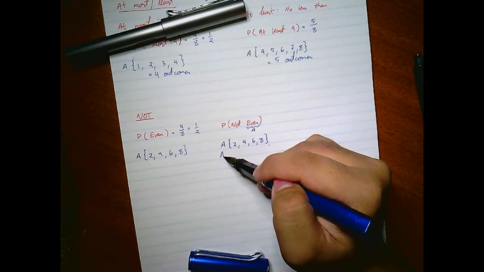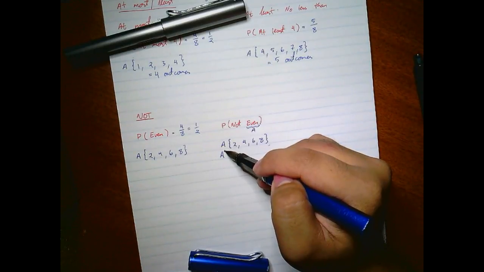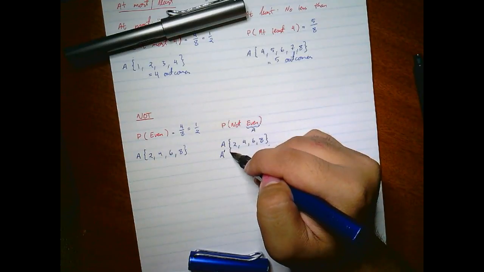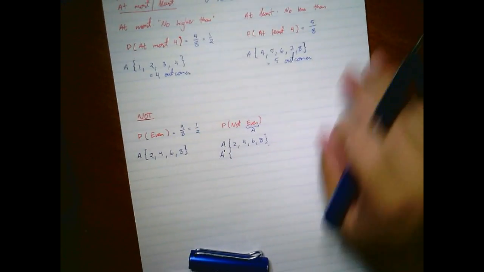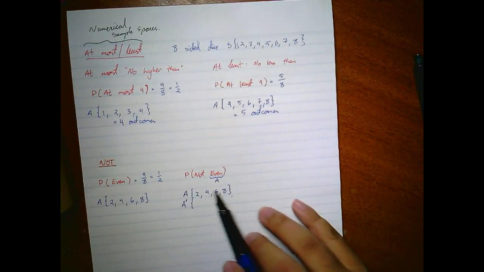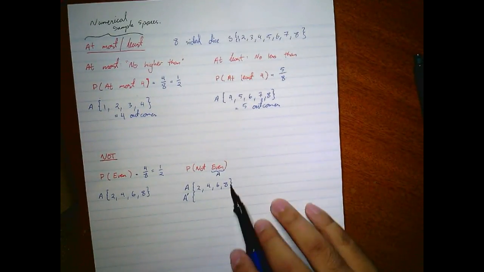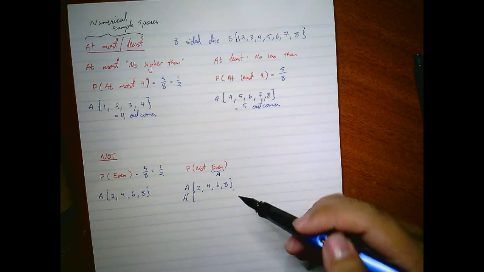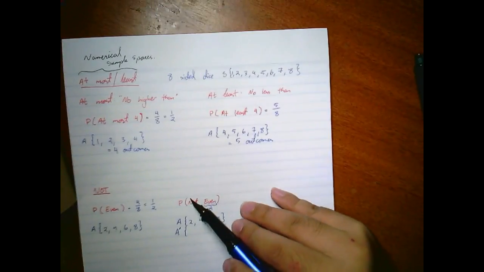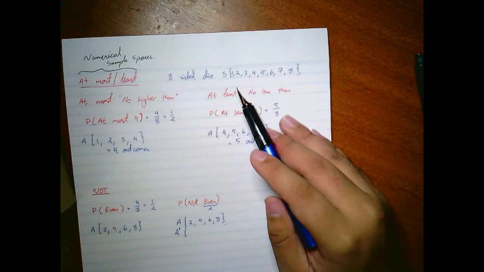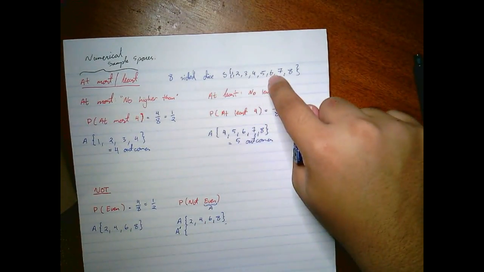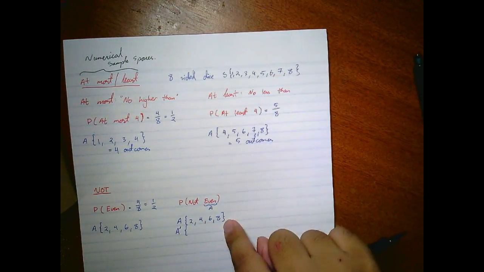Now the not looks like this in mathematics. It has a dash. What the not event means is we take every other number that is not in this group here. If we take a look at the sample space, the 2 is in the group, the 4 is in the group, the 6 is in the group, and the 8 is in the group.